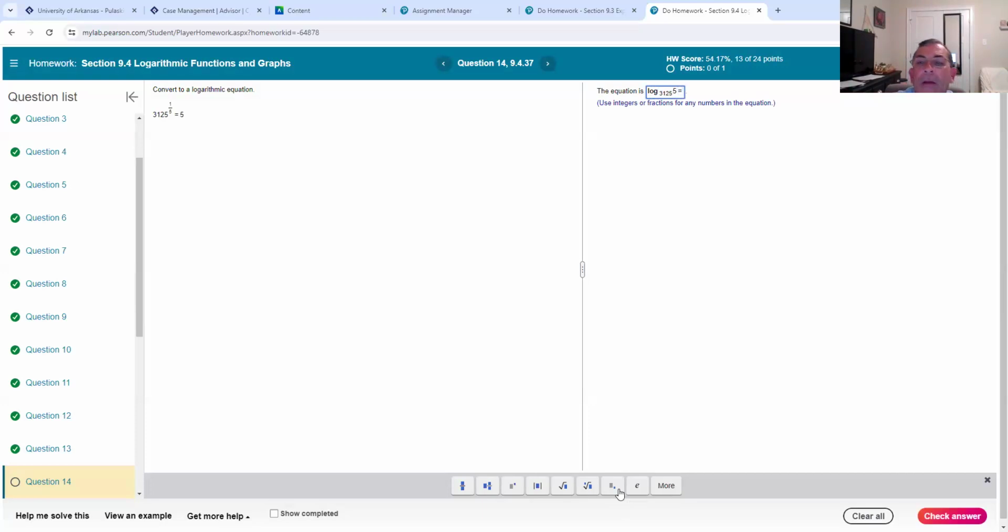And y'all, that's going to equal the exponent, which was a 1 divided by 5. And y'all, what they're trying to do, they're just trying to throw some big numbers at you in fractions to try to confuse you. But just remember, we're going straight off of that if and only if conversion, okay?